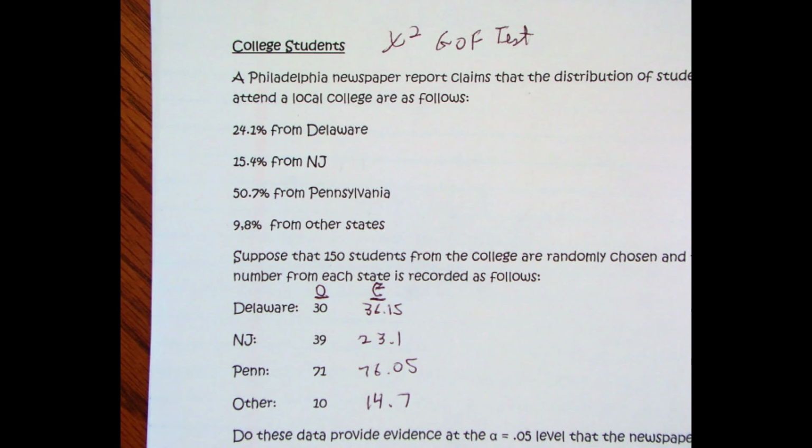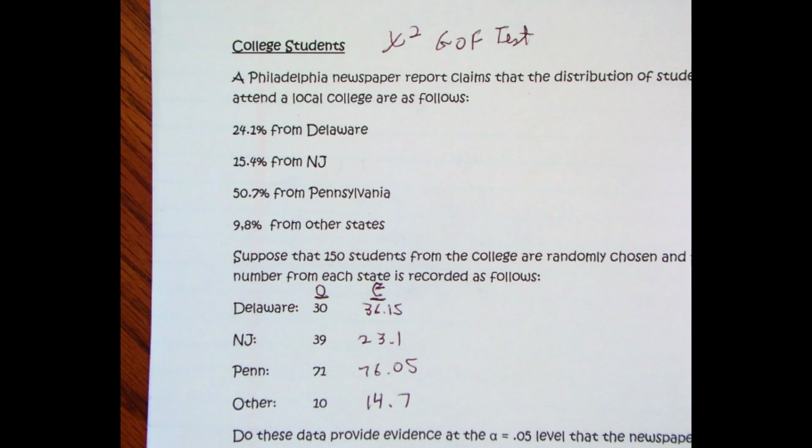But when we're dealing with expected values, we're dealing with a hypothetical, not the actual. So the expected values are allowed to be decimals. The observed values are not allowed to be decimals. Those are the actual people that you would be counting, and if data is in counts, you cannot have a decimal. So observed values can never be decimals.